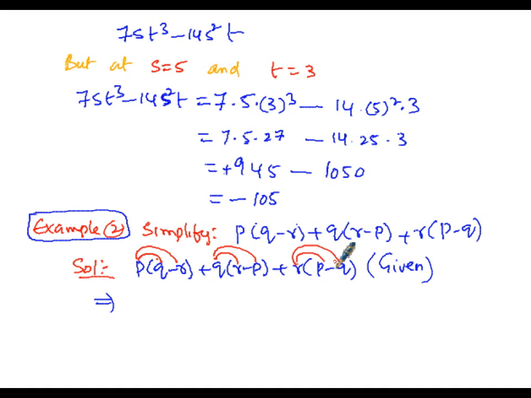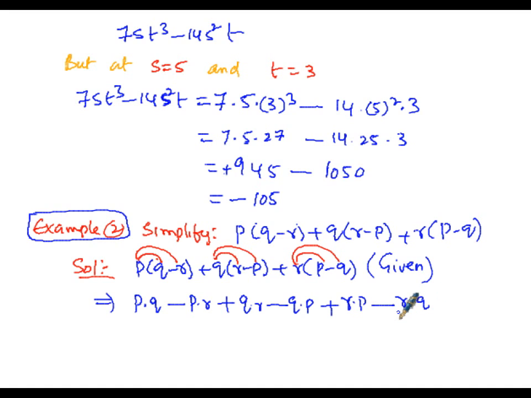So p into q is pq, minus p into r, plus q into r. Then plus into minus is minus, q multiplied with p, plus r into p, r times p, plus into minus is minus, r times q now.